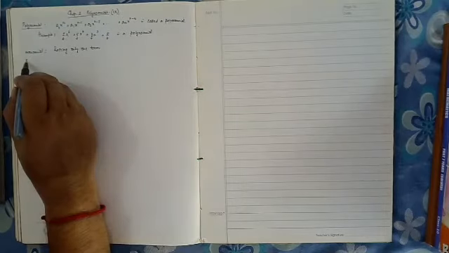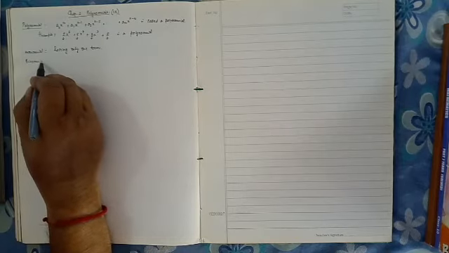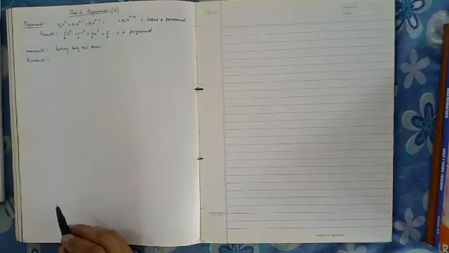Now binomial. What is a binomial? Bi means two.